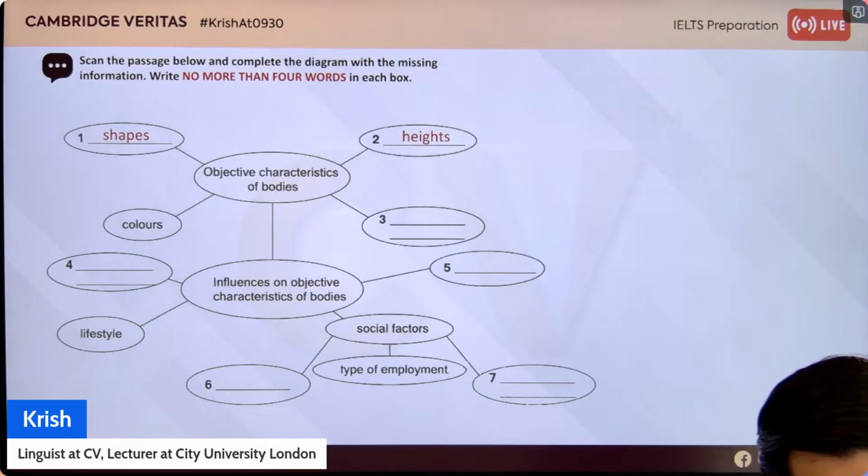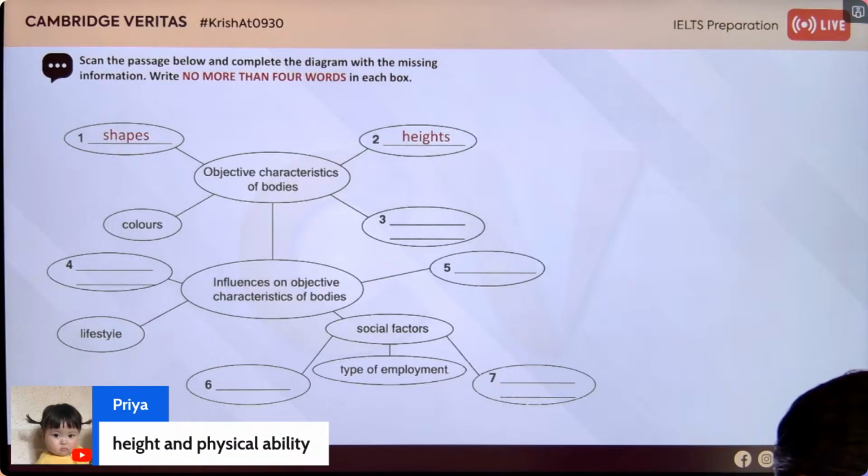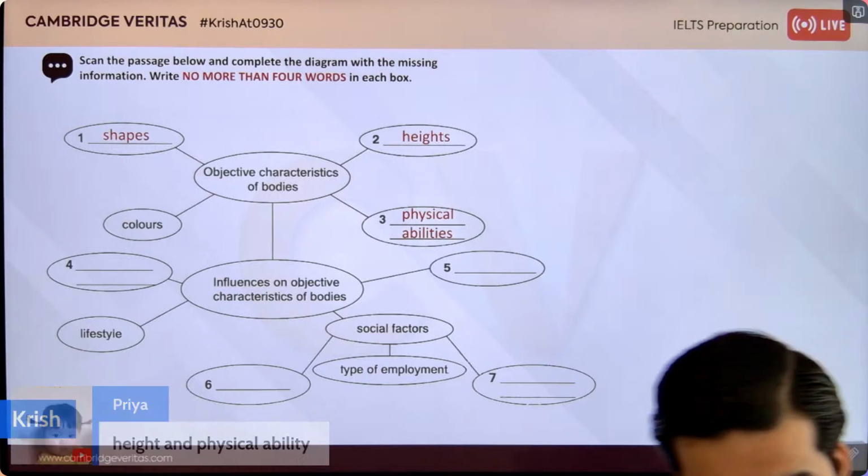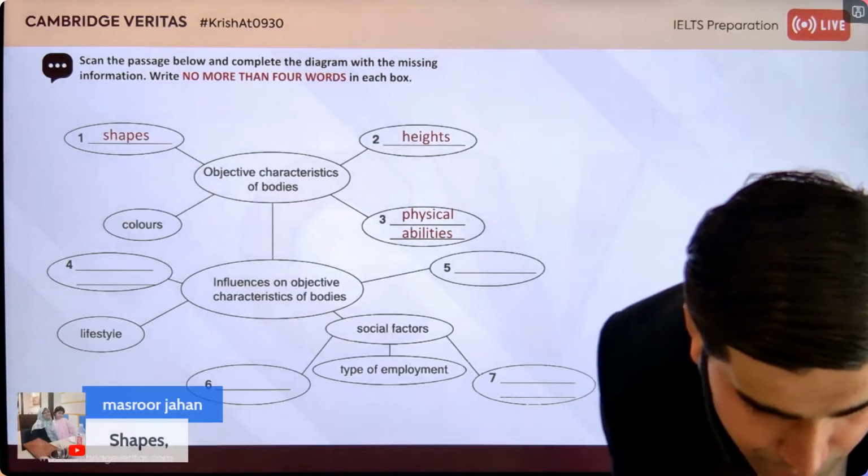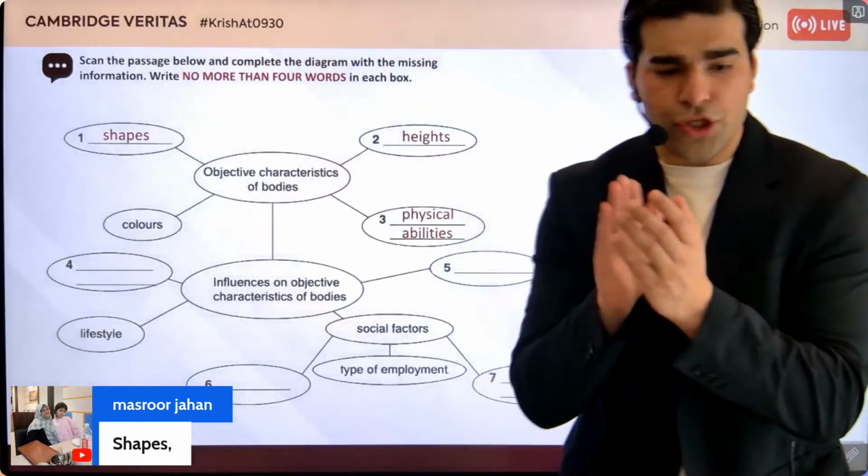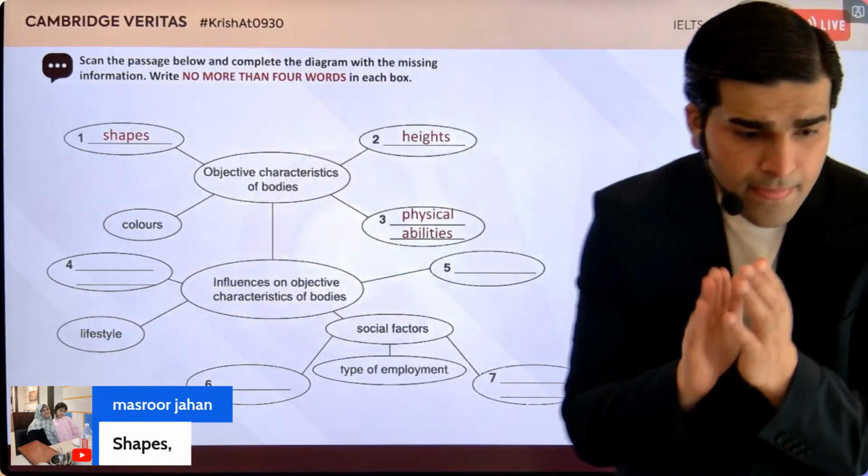Number three has two words. I repeat, number three has two words. The correct answer is physical abilities. Wonderful. So this was the first one. Can we clap for everyone? Good job. Superb.